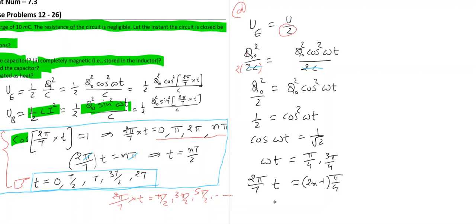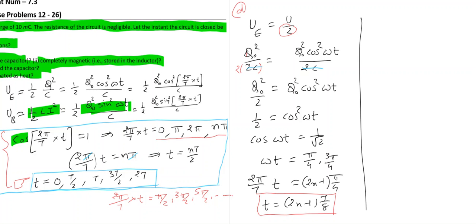Simplifying, you'll get that it is (2n minus 1) t by 8. For all these values of time, the energy in the capacitor will be half, and you can derive a similar thing with the other expression also.